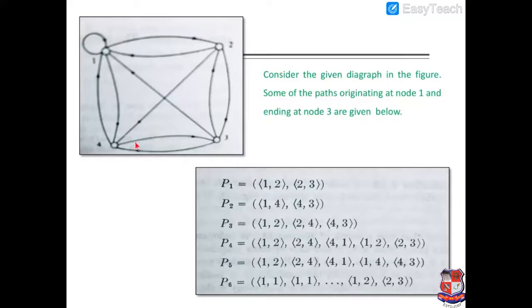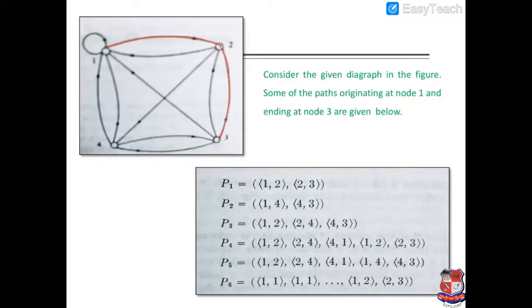So, using this diagram, here we discuss some of the paths originating at node 1 and ending at node 3. Path P1 is (1,2), (2,3). This path originates at 1 and terminates at 3.